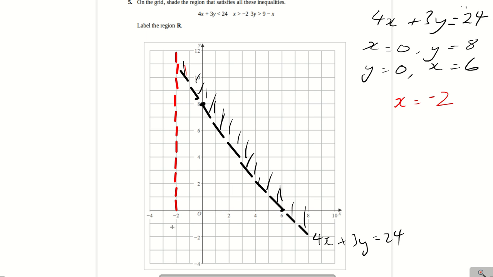I've gone a bit wonky, but I think you get the idea. It's a vertical line there, and I'll just label it x equals minus 2, and we want values of x greater than minus 2, so we don't want anything to the left of this line, so I'll shade that to show that this is outside our required region.